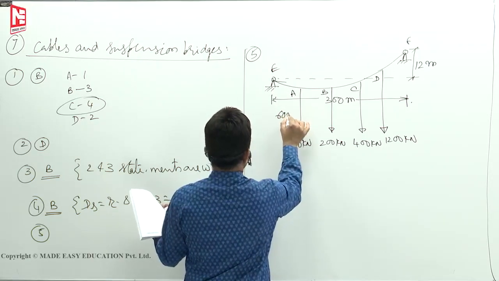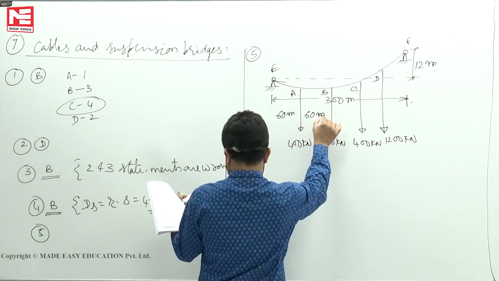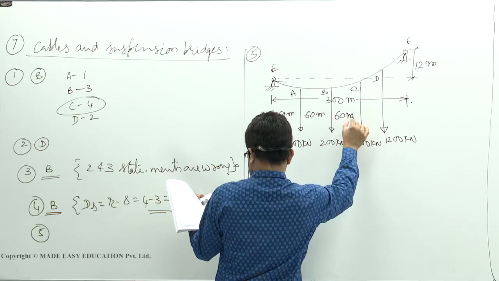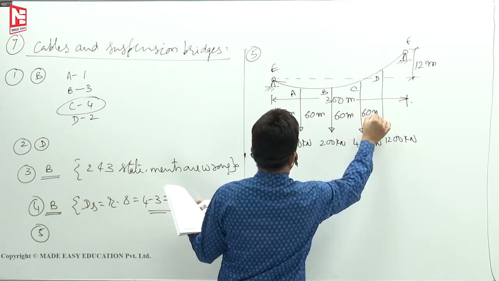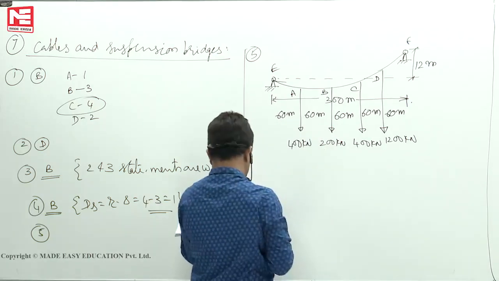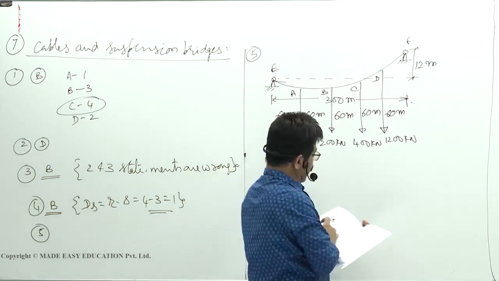This is 60 meters, then 120 meters means this is also 60 meters, plus 60, this is also 60 meters, 240 plus 60, 300 meters. All are equally spaced.